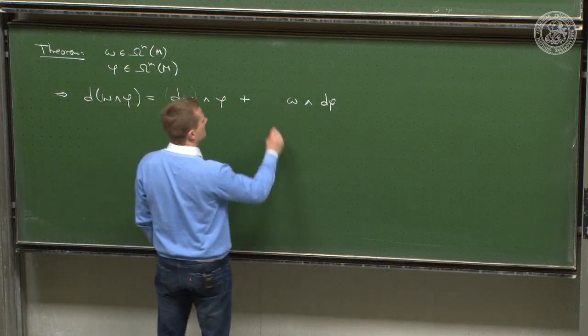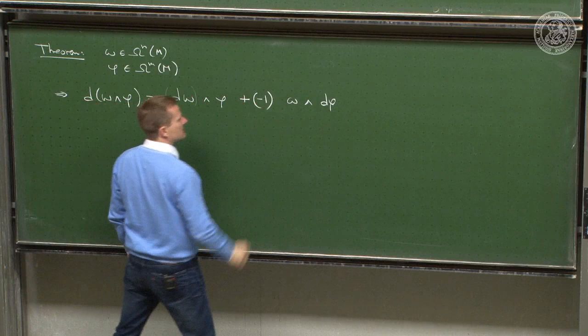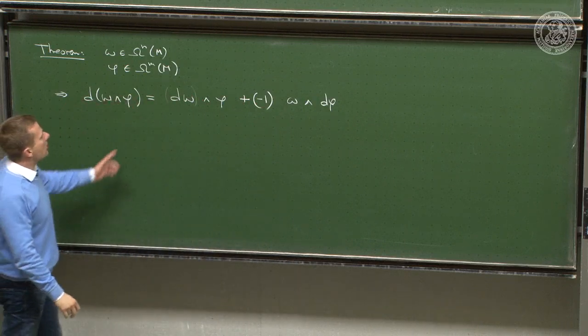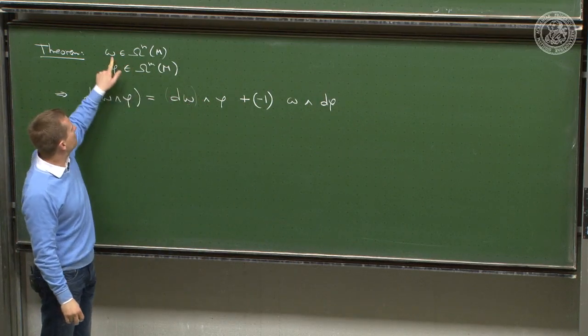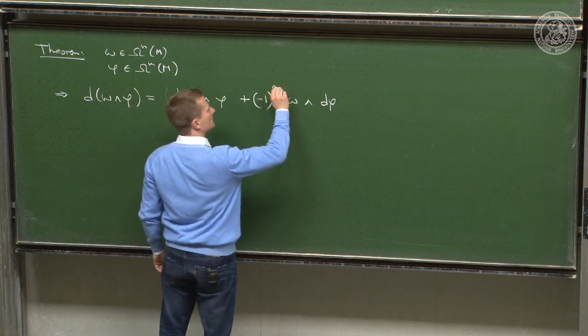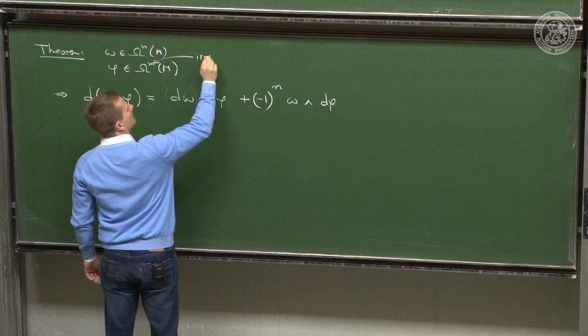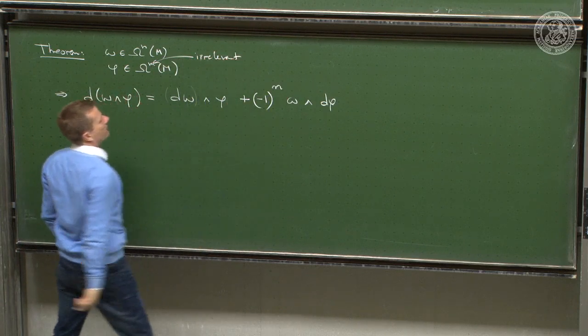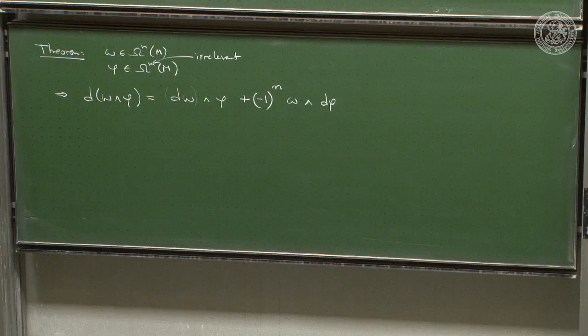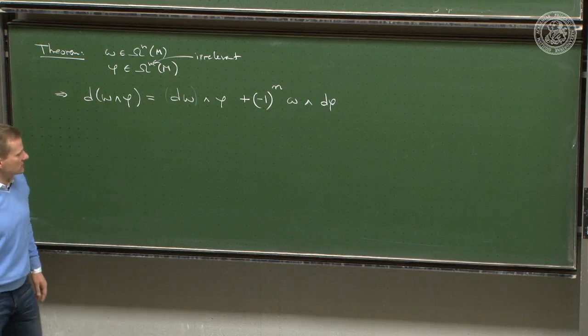But it simply isn't like this. There is an extra sign factor here, but only the degree of the omega counts. So this degree here is irrelevant for the formula here. Okay, so this is kind of a graded action.